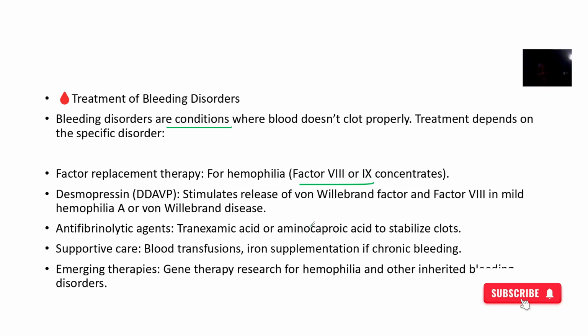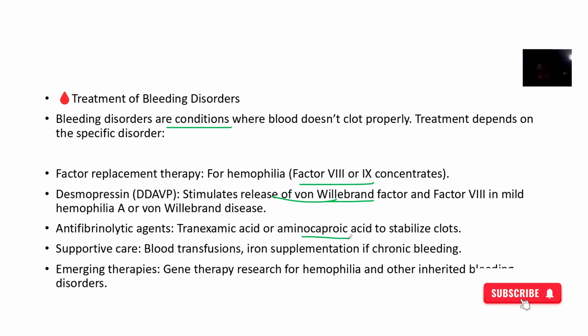Then we have other drugs like Desmopressin, which stimulates the release of Willebrand factor and factor 8. That's for hemophilia A and Willebrand disease. Then we have antifibrinolytic agents like Tranexamic acid and aminocaproic acid. They stabilize clots.